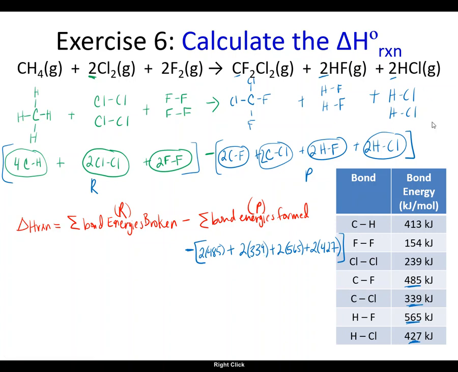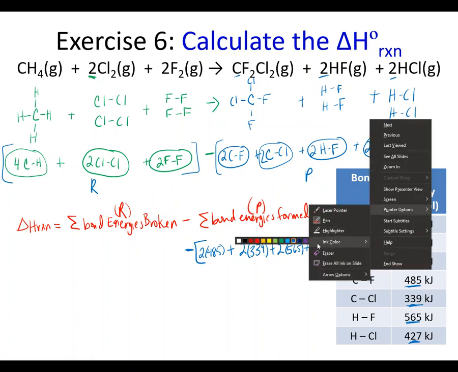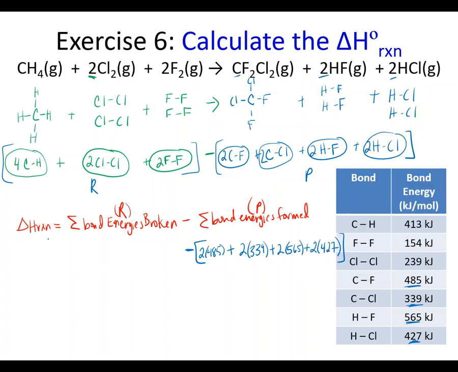Now I'm going to go back and do my reactants. So over here, I have 4 times my C to H, this 413. Plug in that number there. Oops, there we go. And then we have 2 of our Cl, this 239 here.